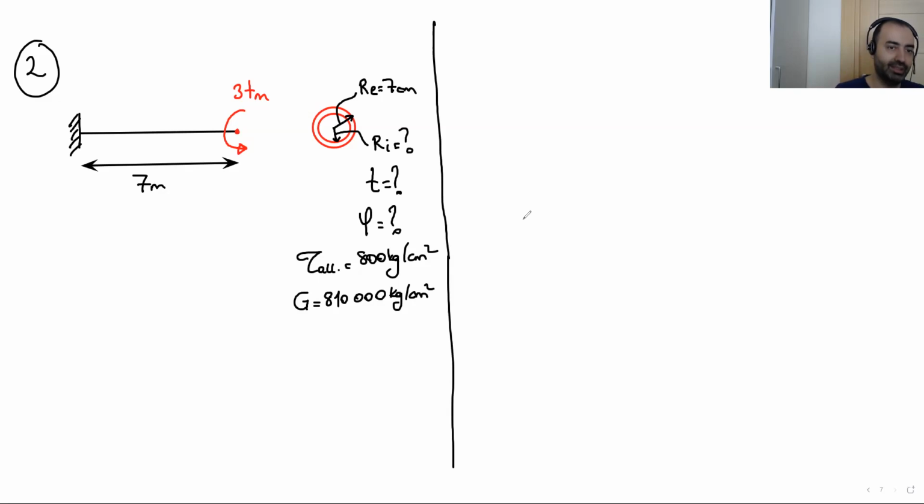That means what is the R internal? If we can calculate the R internal, we can calculate the thickness.